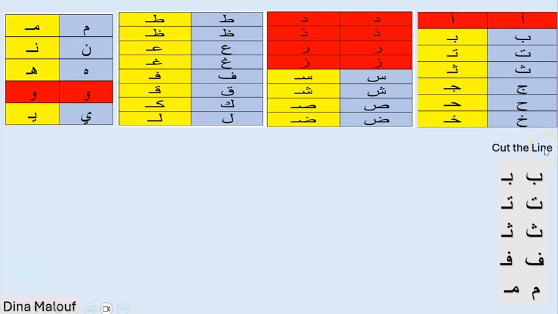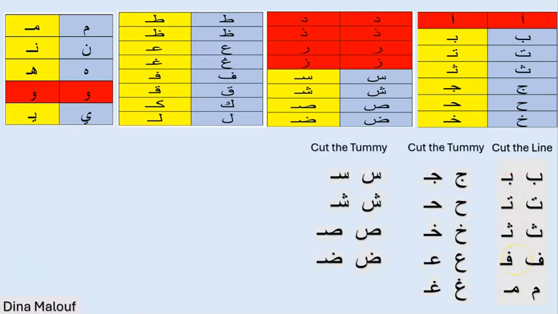What do I mean by cut the line? This is the letter that you see at the end, but if you write it at the start of the word or in the middle, you need to cut the end line, this line at the top, this line, this line, and the line that goes down from this letter, and add a hand. So this is the connecting shape.